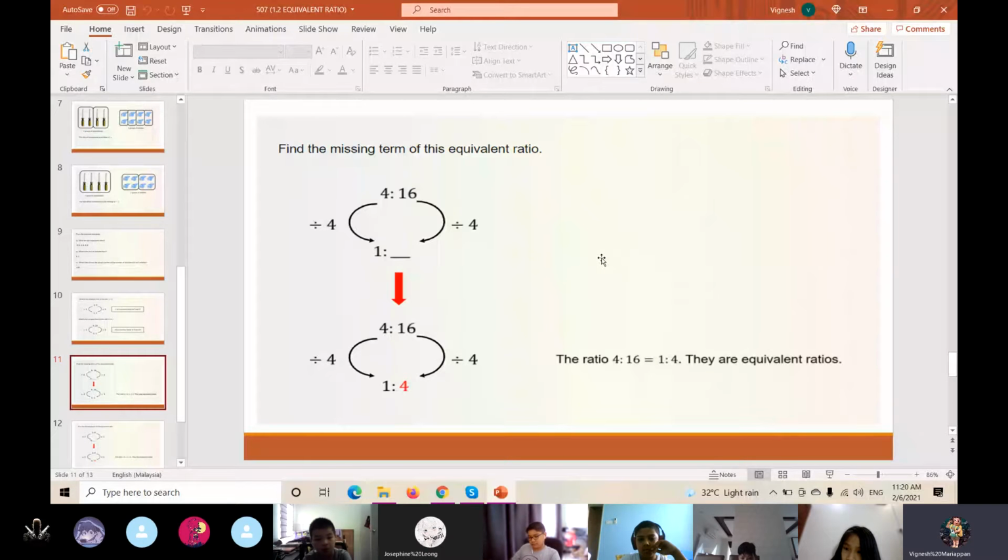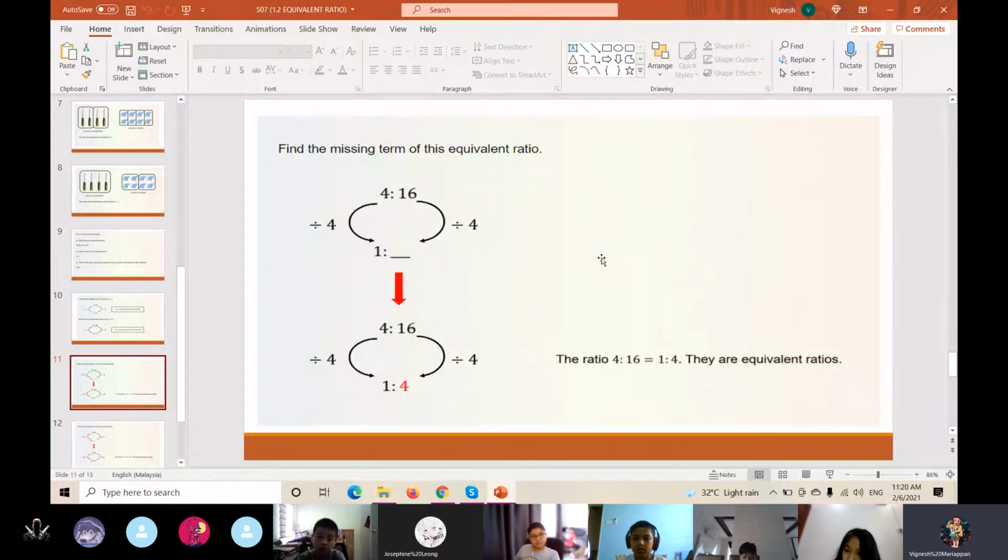Okay, but the missing term is very important. Let's say 4 to 16 is given. Teacher said you have to use the highest common factor to divide the ratio. So the 4 you divide with 4, because you already know the answer is 1. 4 divided by 4, you should get 1.